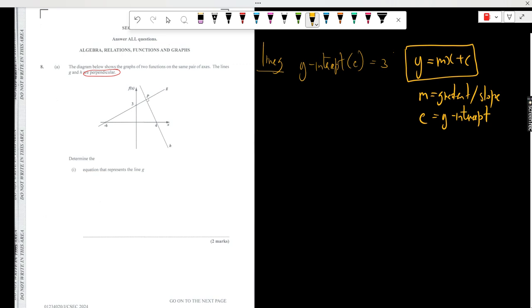One thing we should know about the y-intercept is that at that point, the x-coordinate has to be 0. So we can say that the y-intercept is therefore the point (0, 3), right?